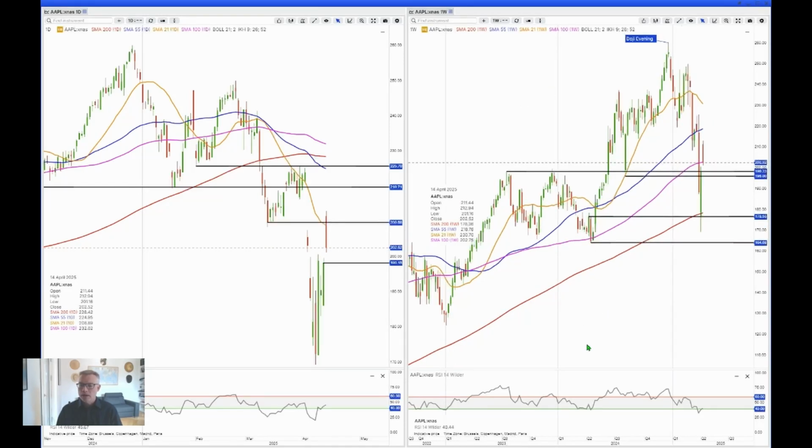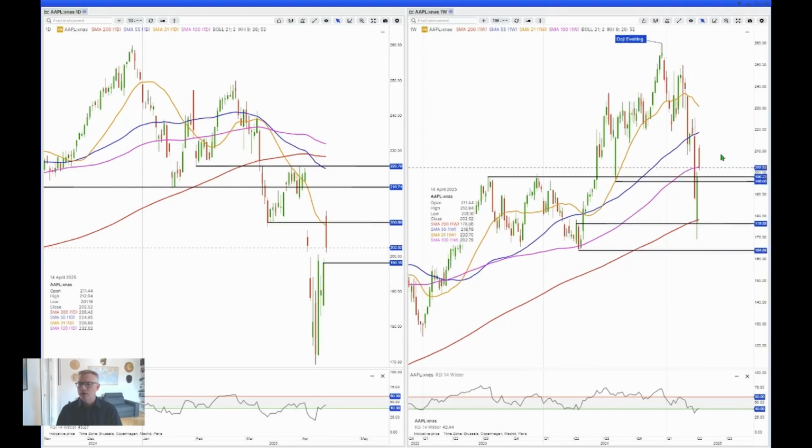On the weekly chart, we are also in a bearish trend, and as you can see, if it moves back below 198, 196, and closes below that level, then we could see another push down towards the previous lows here about a week ago, and maybe even lower. For Apple to really change the entire picture and establish a bullish trend that can take it much higher, it really needs to close back above 226.